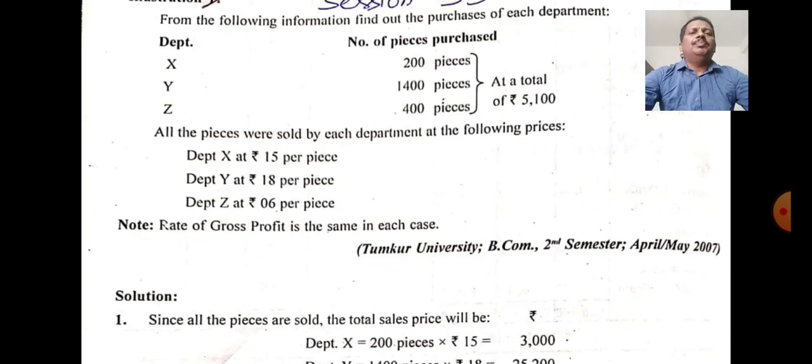All the pieces were sold by each department at the following prices: department X at rupees 15 per piece, department Y at rupees 18 per piece, department Z at rupees 6 per piece. Note that the rate of gross profit is the same in each case.